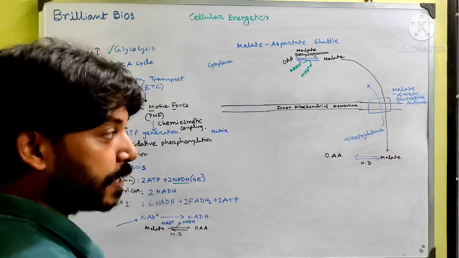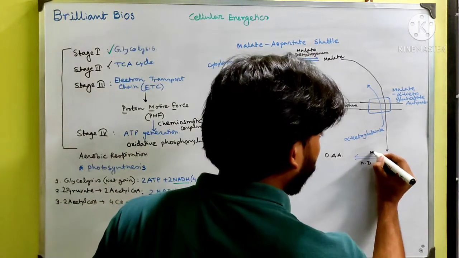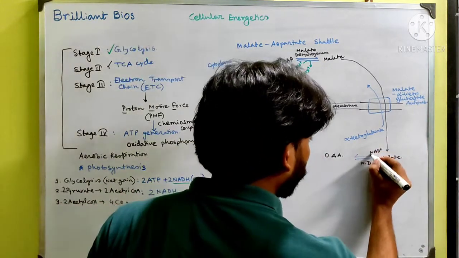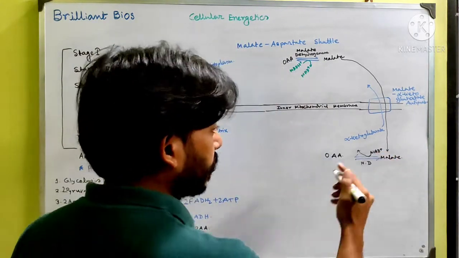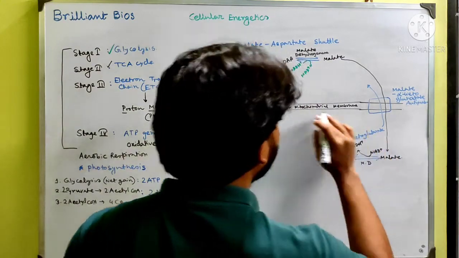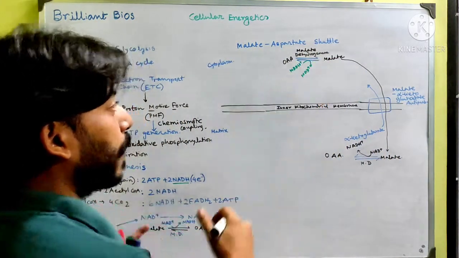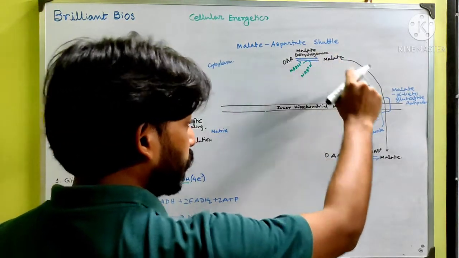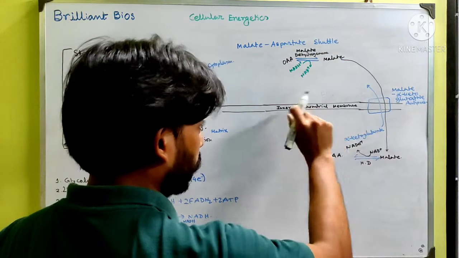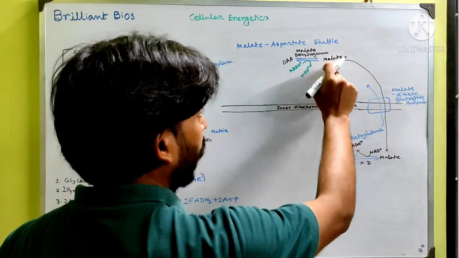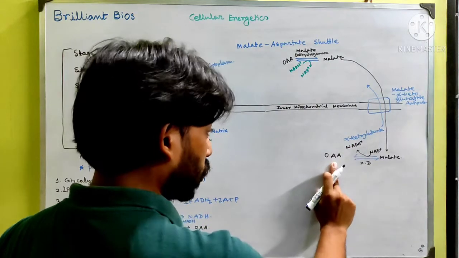Now the opposite thing occurs. What happens here? NAD plus that is present in the mitochondrial matrix is reduced, carrying the high energy electron to become NADH. So you can see this is a bypass mechanism: as the NADH cannot enter the inner mitochondrial membrane or the matrix, it bypasses through the malate, and this malate becomes oxaloacetic acid.